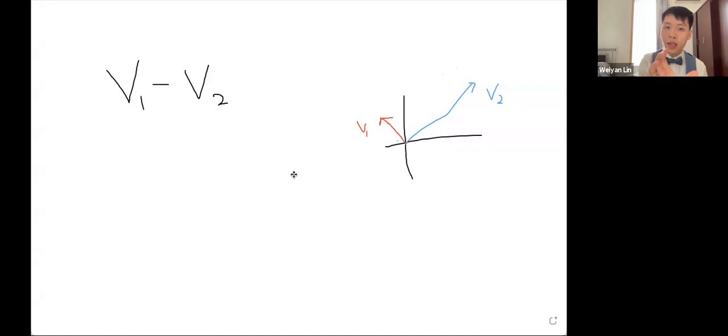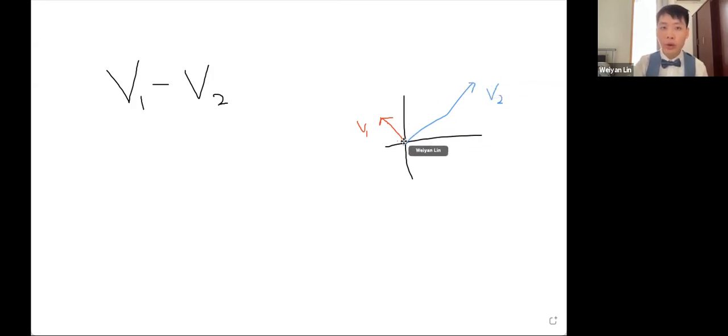But when you translate this, not starting from the origin, let's say this time you start at the end of the vector V2, right? So first you go opposite of the direction of V2, so you go back to the origin, because it's the opposite direction with the same length.